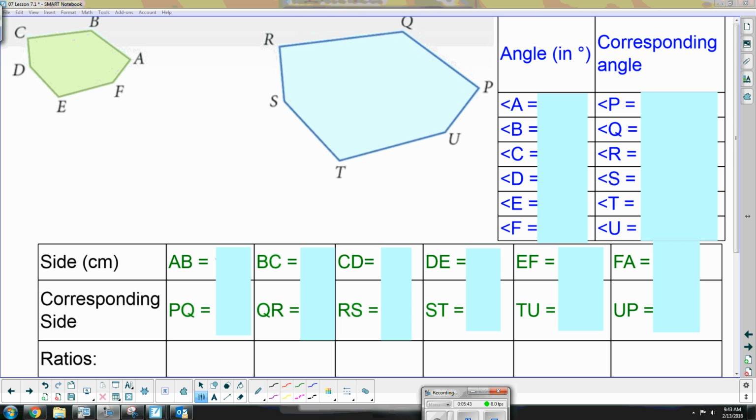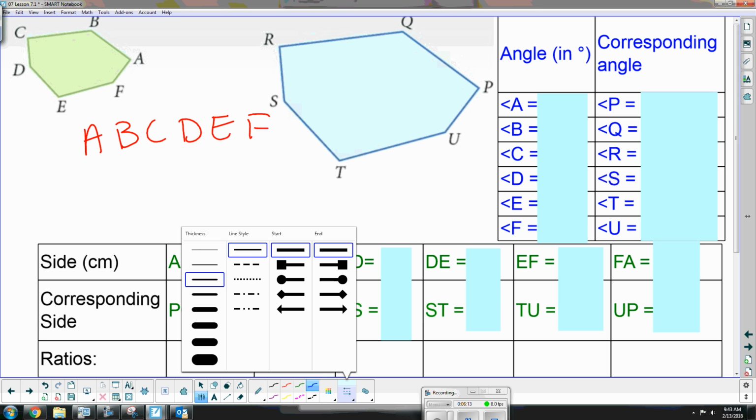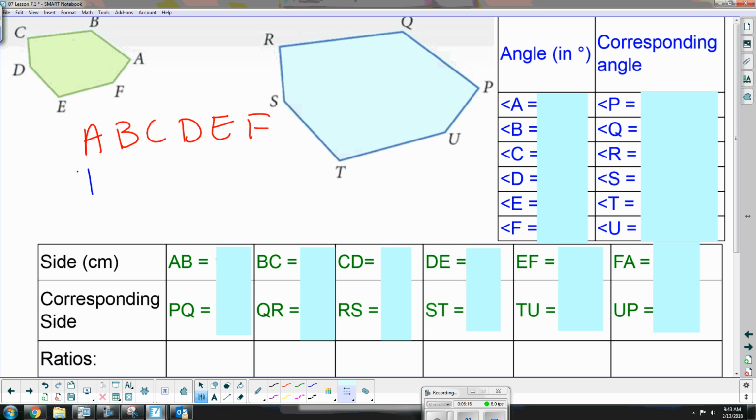In this next section, I want you, with a protractor and with a ruler, in degrees, to measure each angle in polygon ABCDEF, and with your protractor in degrees, measure each corresponding angle in polygon PQRSTU.